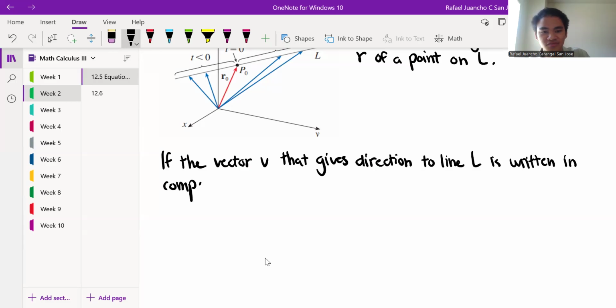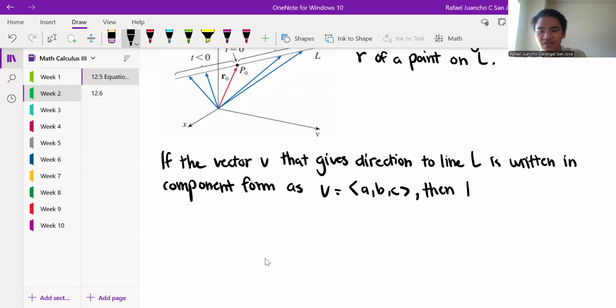So we're going to write vector v in component form, and it's what? A, B, C. Very original. So those are its components. Then if we scale it by t, we basically multiply t to each component: tA, tB, tC. So we're just converting the vector equation into its component form.